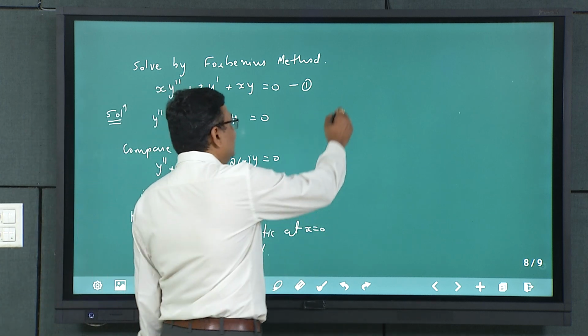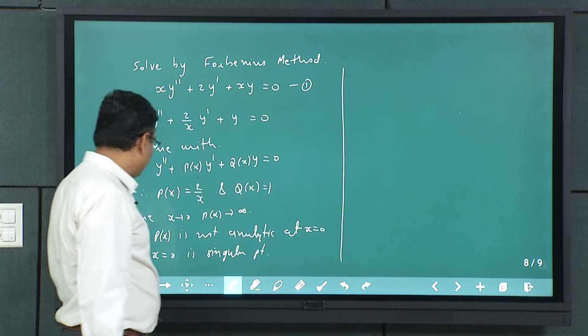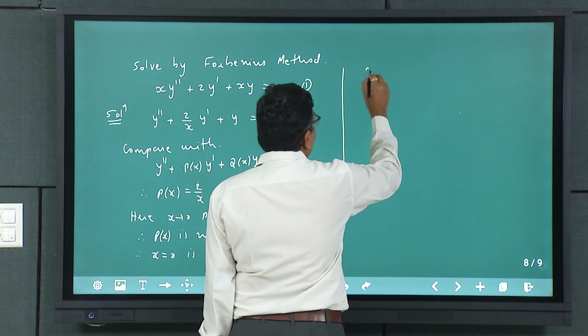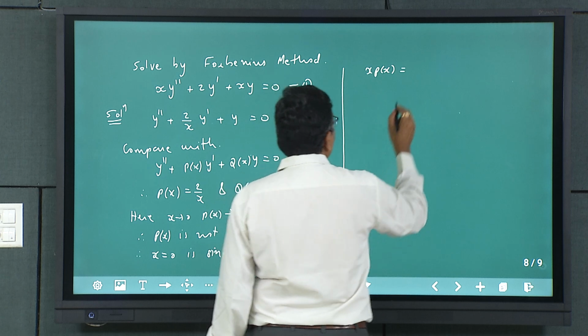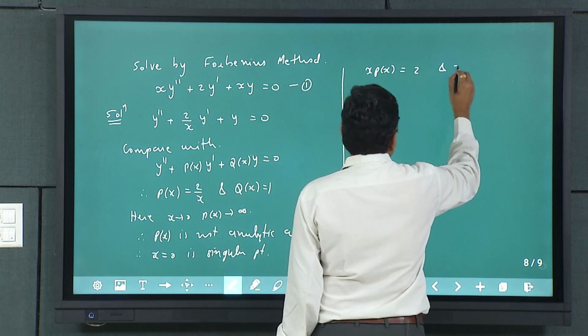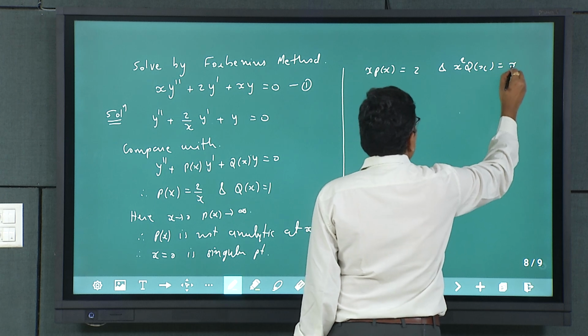Now, let us check whether it is a regular singular point or not. So x into p x is equal to 2 and x square into q x is equal to x square.